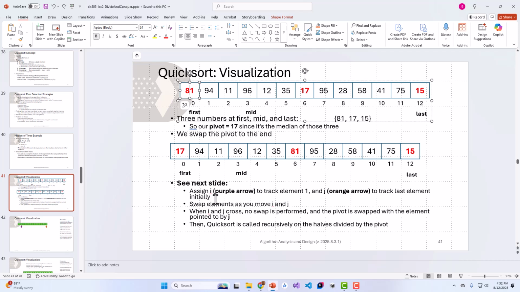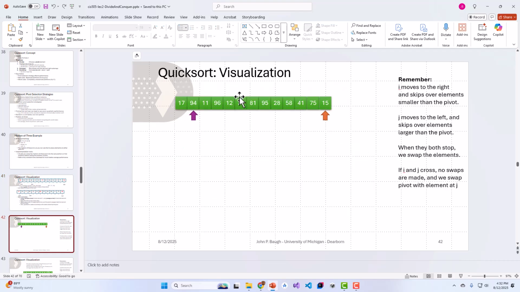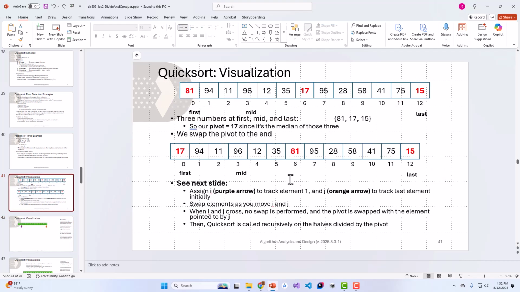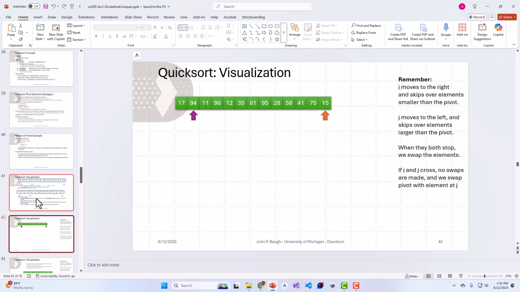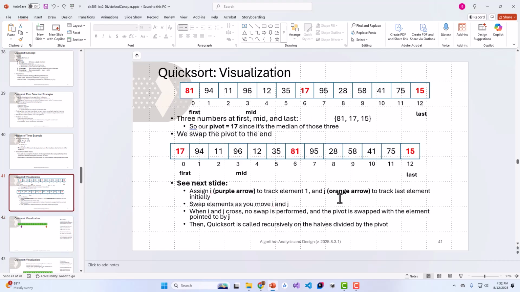The next slide, you will notice that we will have two different little counters we're going to use to track where we are looking in our quicksort, in the recursion of the grand scheme of things. So we assign I, a purple arrow, to track element 1, and J, which is an orange arrow, to track the last element initially.